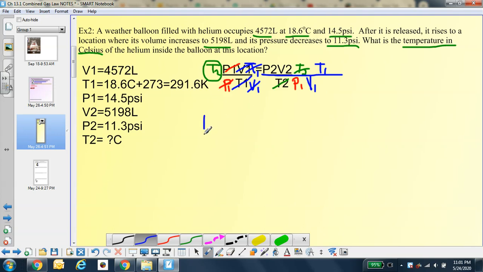And so my rearranged formula: temperature 2 equals pressure 2 times volume 2 times temperature 1 divided by pressure 1 times volume 1.